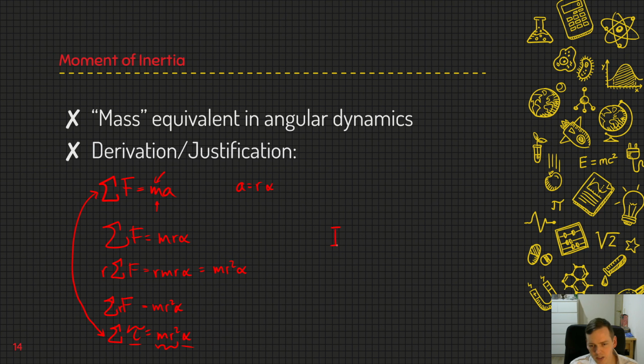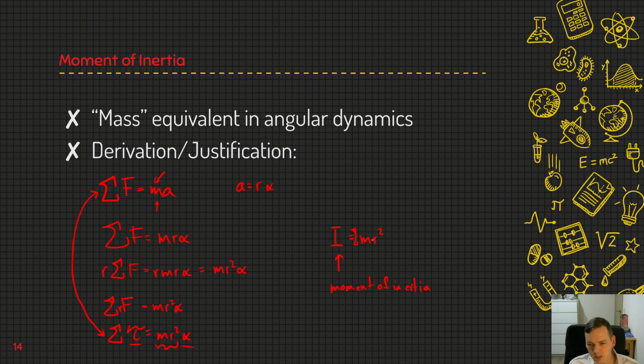So we call this moment of inertia I, and that's equal to the sum of all the tiny masses times r squared. This I is the moment of inertia, and it's just a way to measure how much something is going to be hard to spin or not.